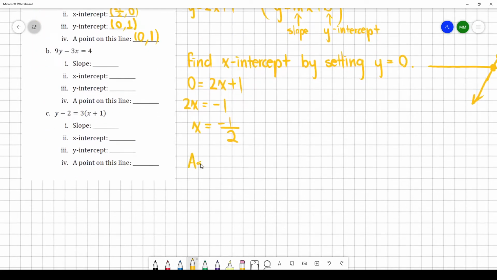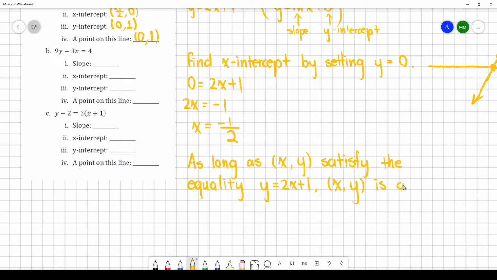So as long as x, y satisfy the equality y is equal to 2x plus 1, (x, y) is a point on this line.